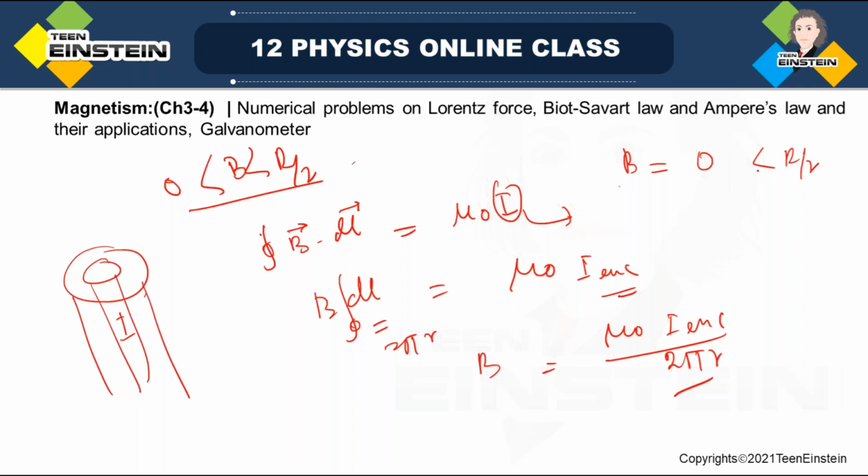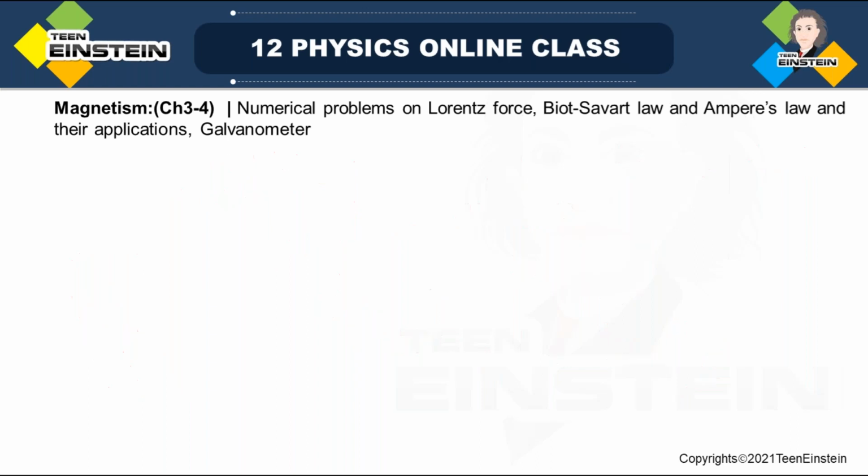Then again, magnetic field in between r by 2 and r can be obtained in the region small r.